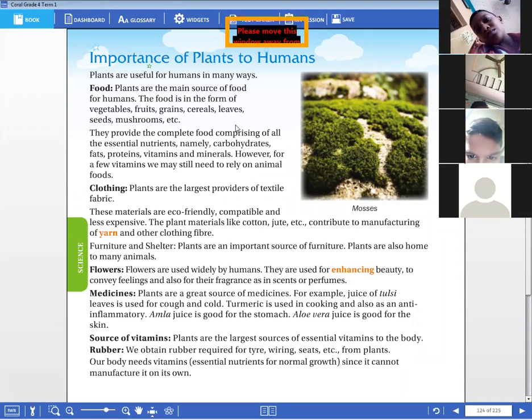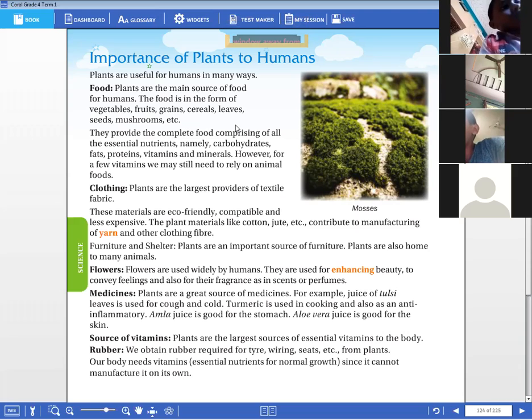Source. Humans. Vegetables. Grains. Pulses or cereals.